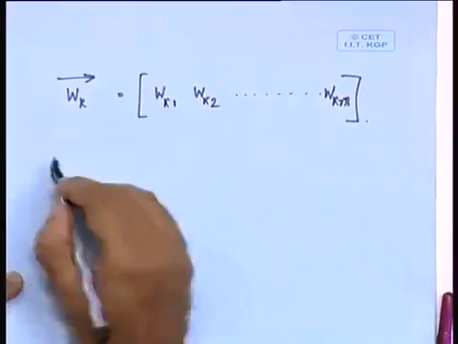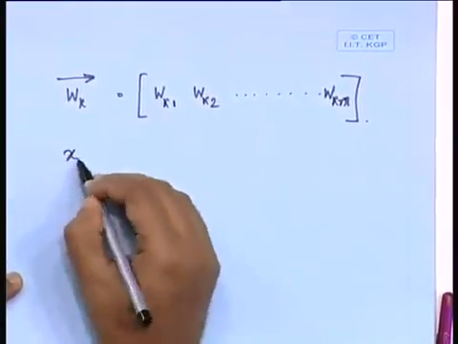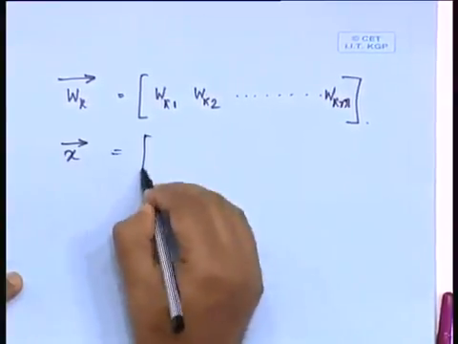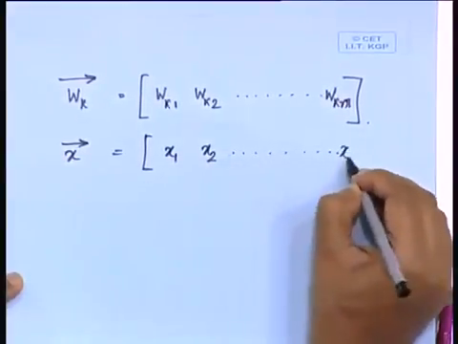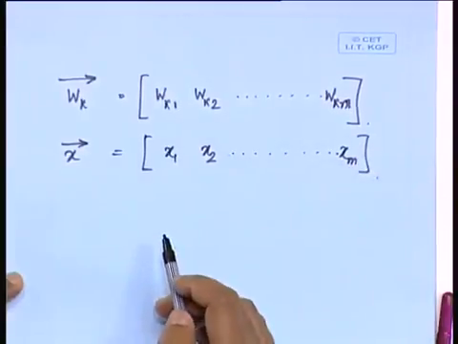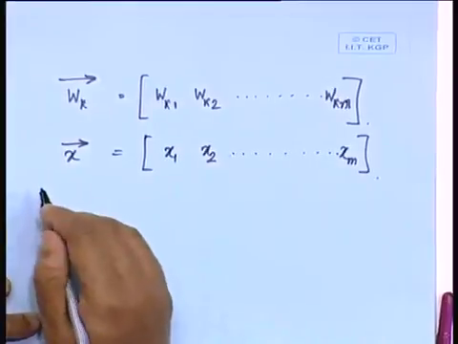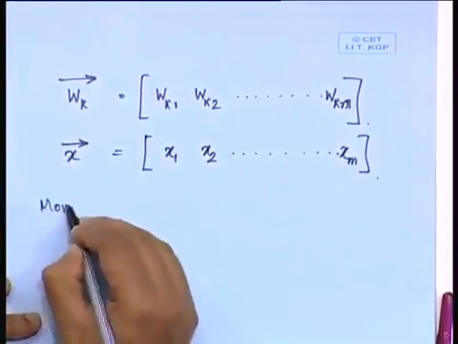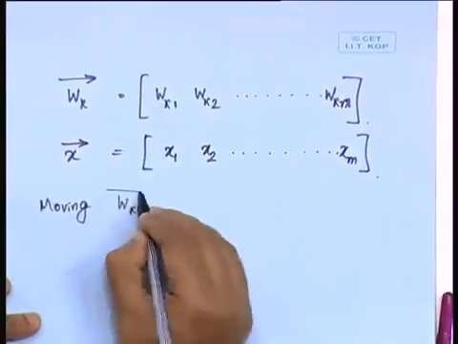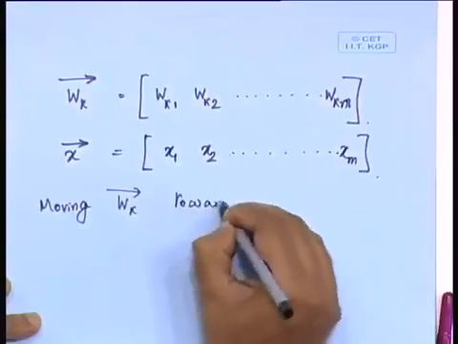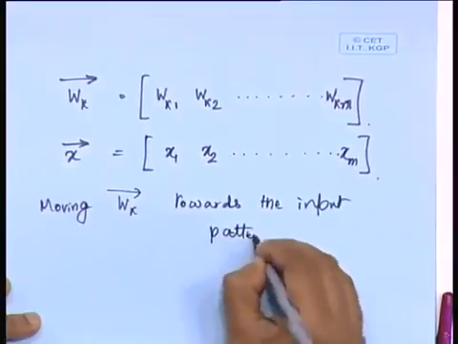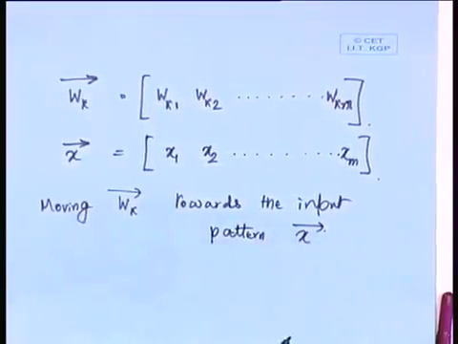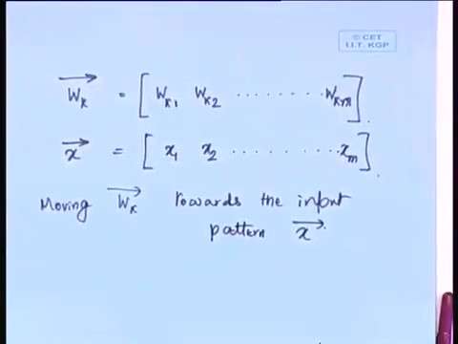And if x is another vector whereby we define the inputs x1 to xm, then the competitive learning rule has got the effect of moving the Wk vector towards the input pattern vector x.